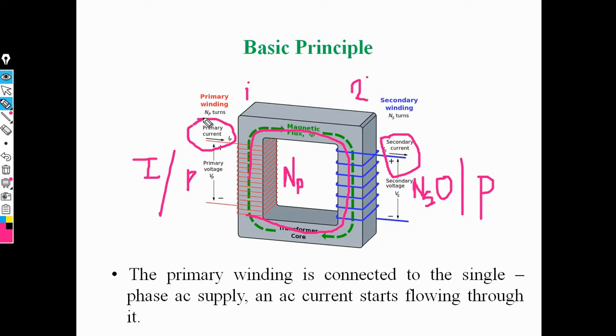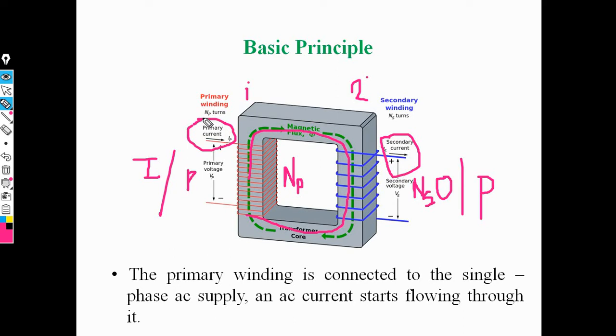Then this magnetic flux, phi, is linking with the secondary side. Then EMF gets induced in the secondary winding. Then the secondary current flows through the output side. The primary winding current symbol is IP, and the secondary winding current is IS.